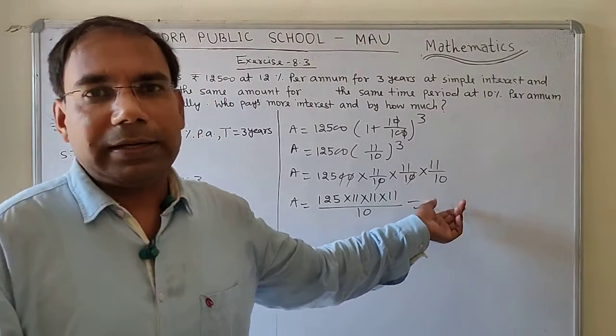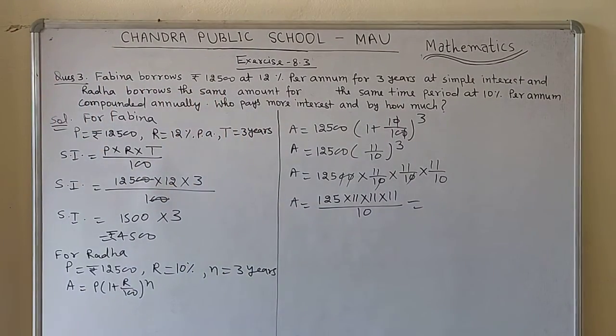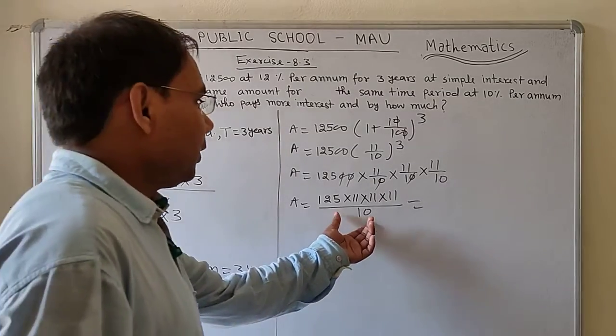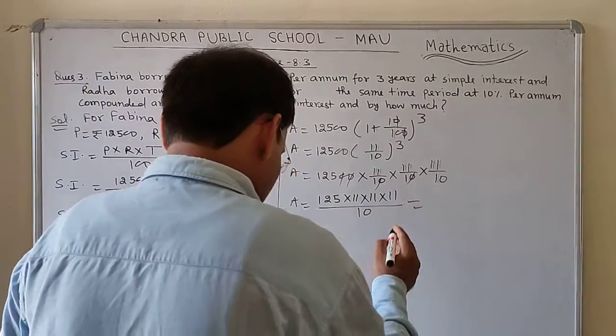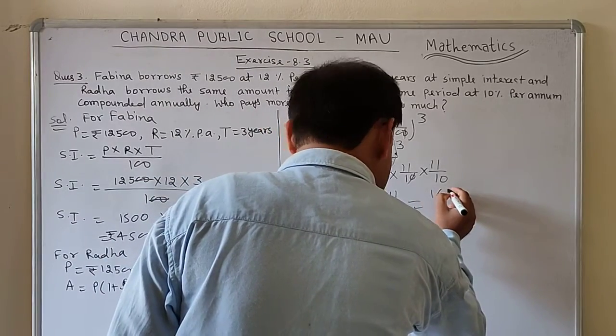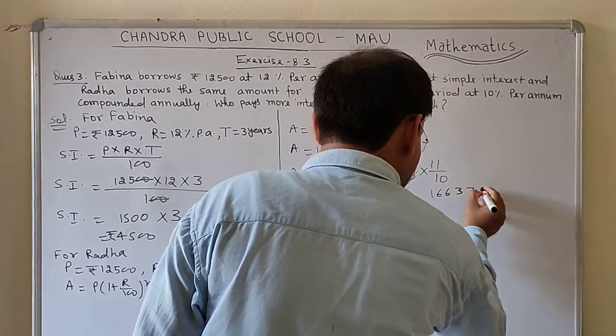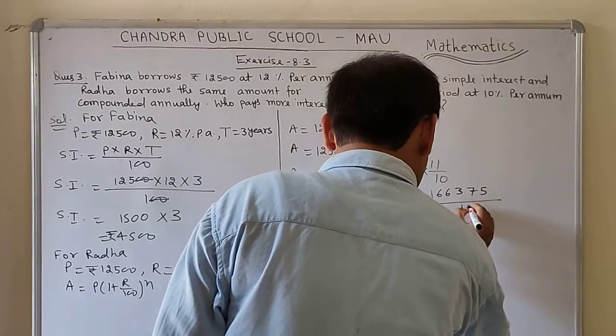So you also need to multiply. Students, I got the multiplication of the numerator, that is equal to 166,375 upon 10.